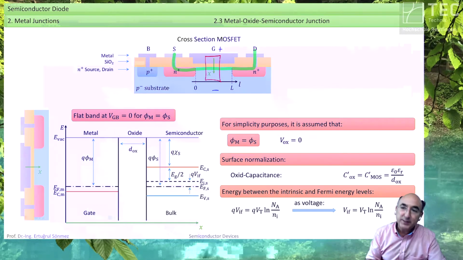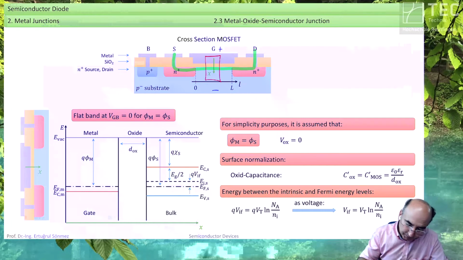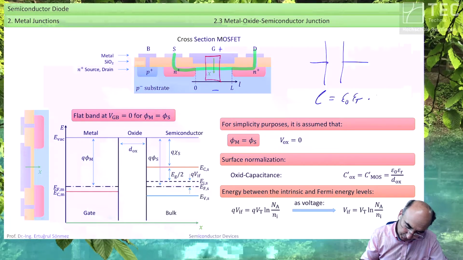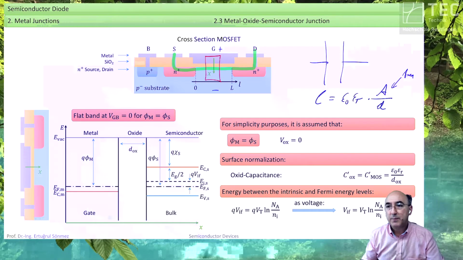Let's go on. What is the oxide capacitance? What is the capacitance itself? The capacitance itself is C = epsilon 0, epsilon r times A, the area, divided by d.